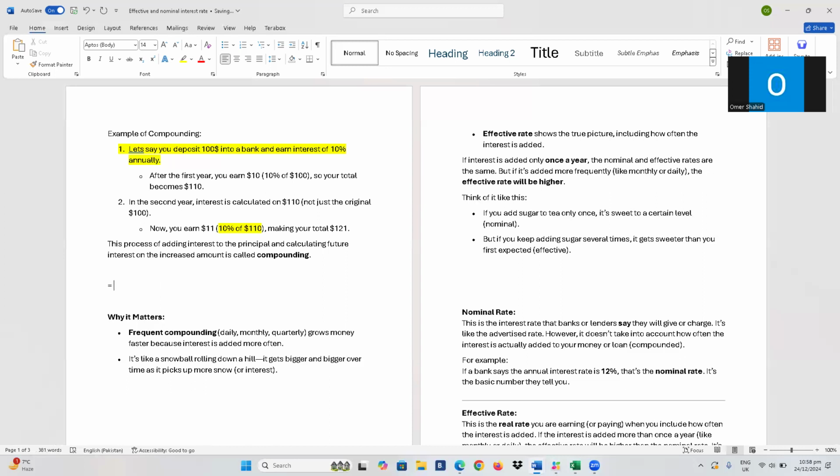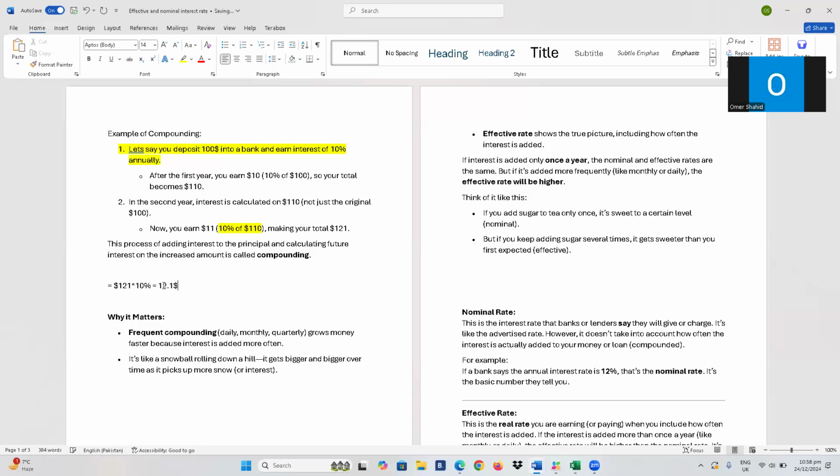After 2 years, we have the total amount of $121, and we are earning the interest of 10% annually. Annually means per year. So 121 times 10%. How much is it? 12.1. So in the third year, we are earning the interest of $12.1.